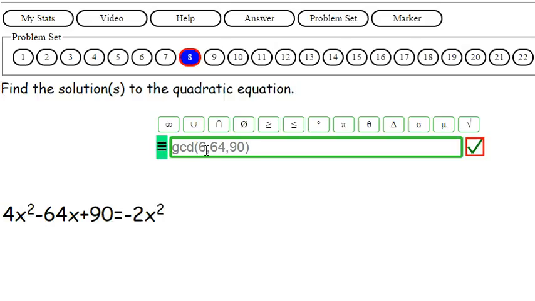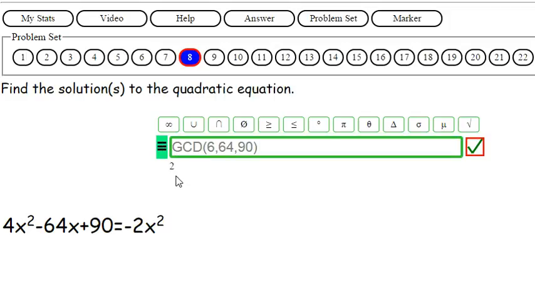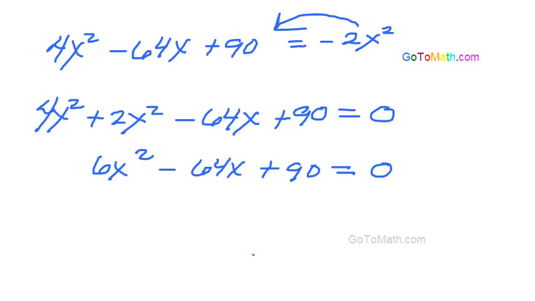I think it's a capital GCD. 6, 64, 90. I guess it might be 3? Oh, it's 2. Okay, so we can pull a 2 out of there.